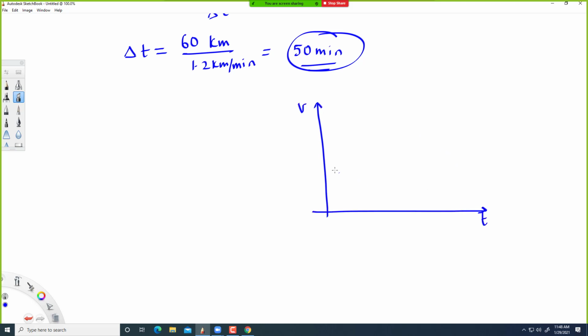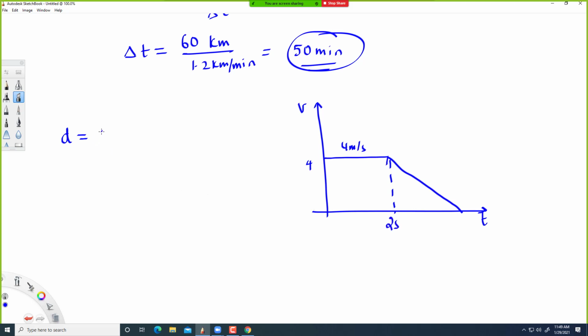Here, this object is traveling at 4 meters per second, and it travels at that speed for 2 seconds.